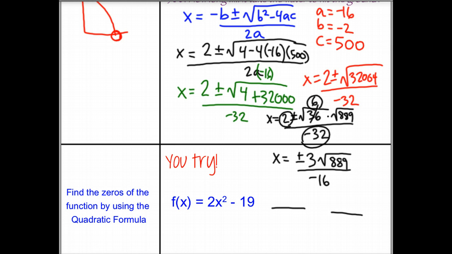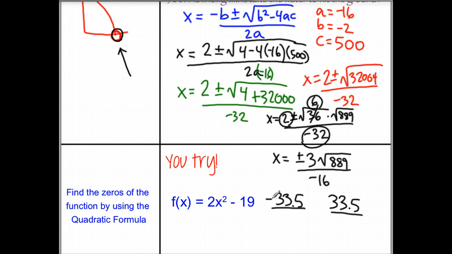If you look back at our chart up here, we want our positive value because we want to know a positive amount of time. So when we calculate it out, we get the answers of negative 33.5 and positive 33.5.